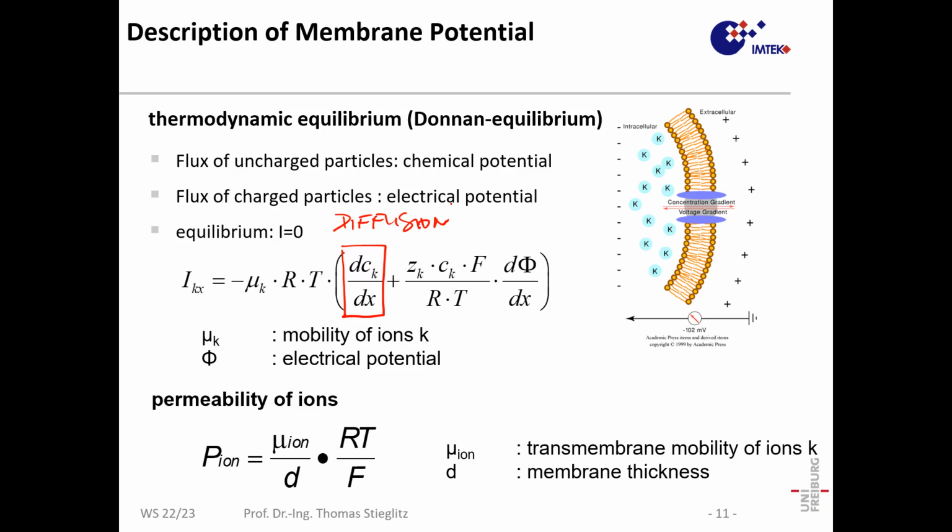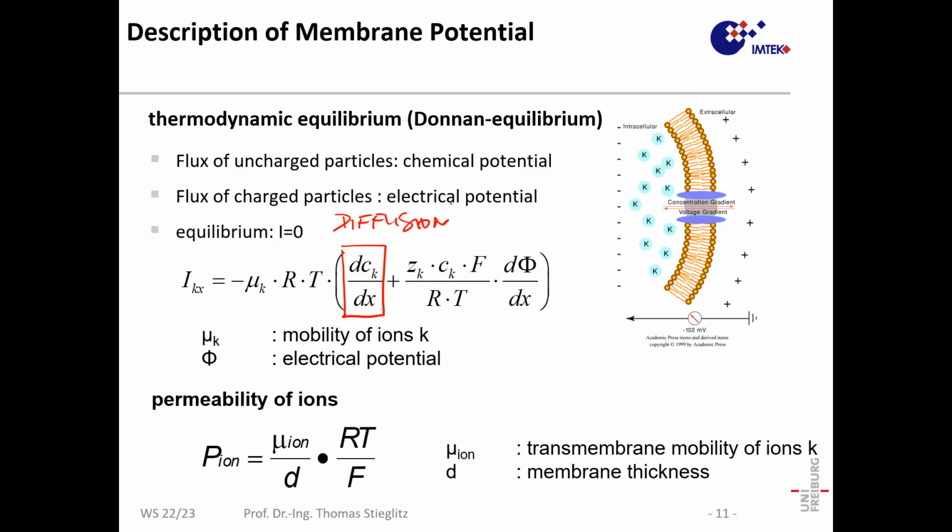We could include now a nabla and make it really fancy for people you like to impress, or we know that we just look into one direction, and that is the direction over the cell membrane, right? We want to see what happens from intracellular to extracellular space, and we call that direction X. So it's the concentration C of a certain ion K over the direction X, right?